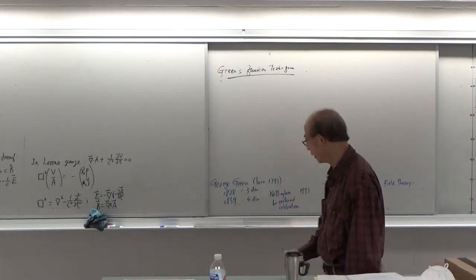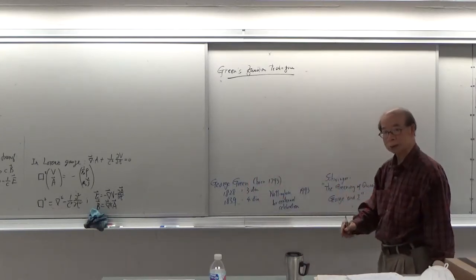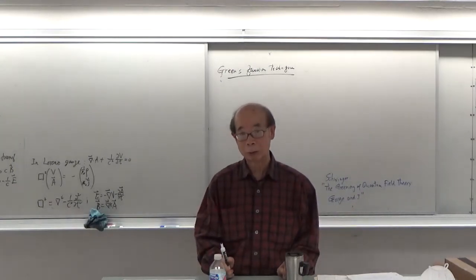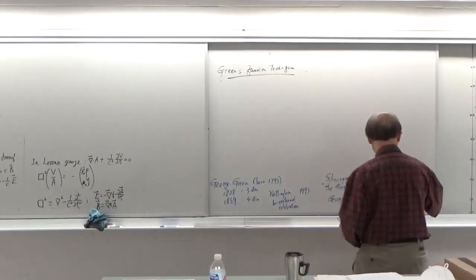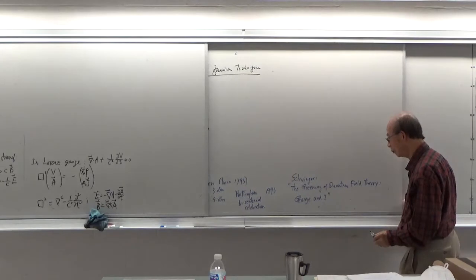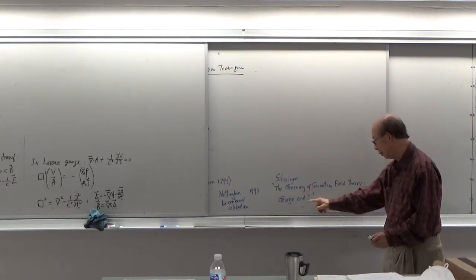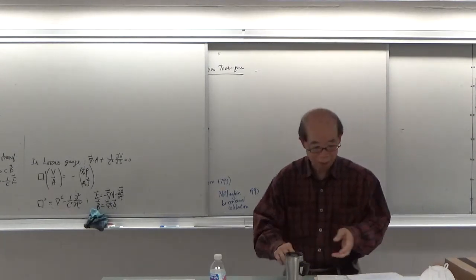So there was a bicentennial celebration of his birth, and Schwinger was invited there to receive an honorary degree. And of course, he was asked to give a talk. And the title of Schwinger's talk was The Greening of Quantum Field Theory, George and I. And it was a very interesting talk.